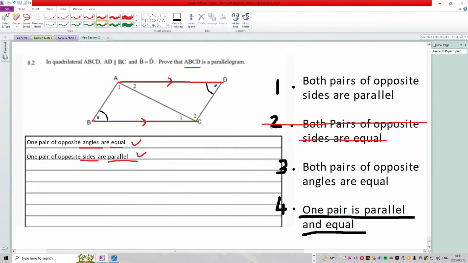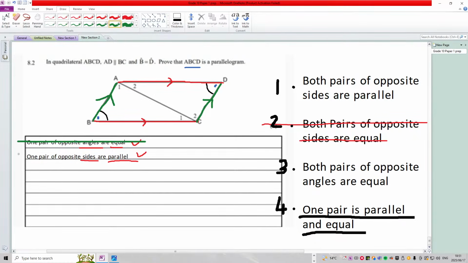Now I need to prove that AB is parallel to DC, because that's the other pair. So I'm going to ignore the angles one.